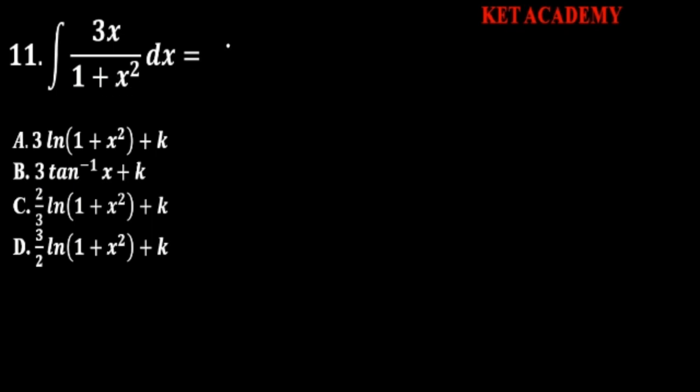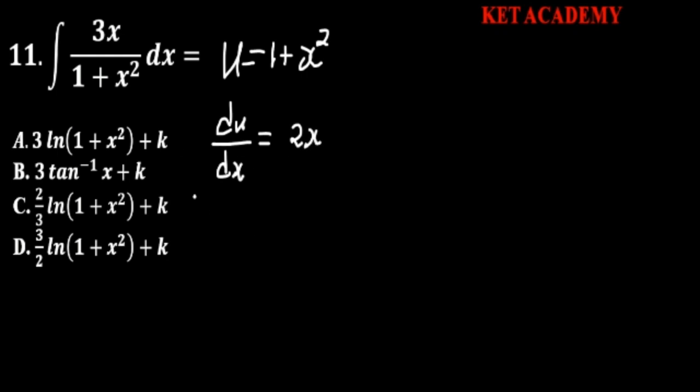So the first method is substitution, which we're simply going to let u to be 1 plus x squared. In this case, then we are going to look for the derivative of this function with respect to x. So du all over dx will simply be, when we differentiate 1, we're going to get 0. Now when we differentiate x squared, we're going to get 2x.